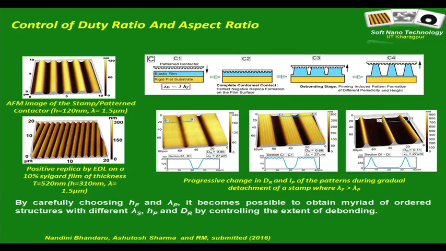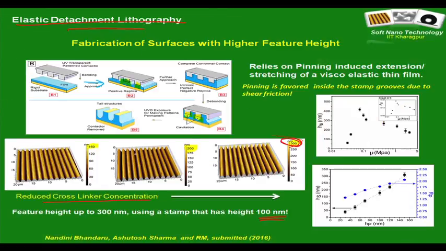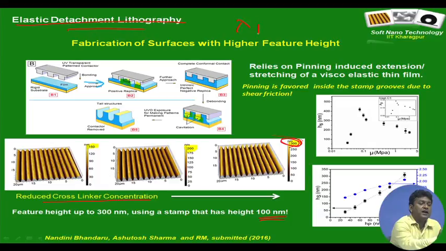One can in fact utilize this, something I did not mention in the context of elastic contact lithography, but maybe I will just touch upon so that you can enjoy the excitement. In this particular case you have chosen a film thickness where lambda p is equal to lambda equal to 3h, so that patterns form below each stamp protrusion.